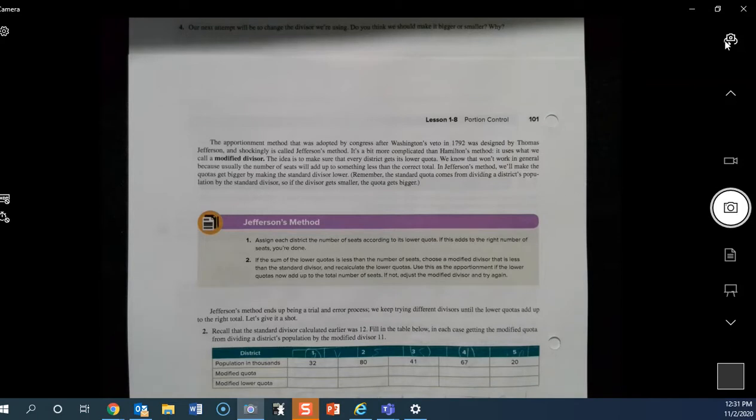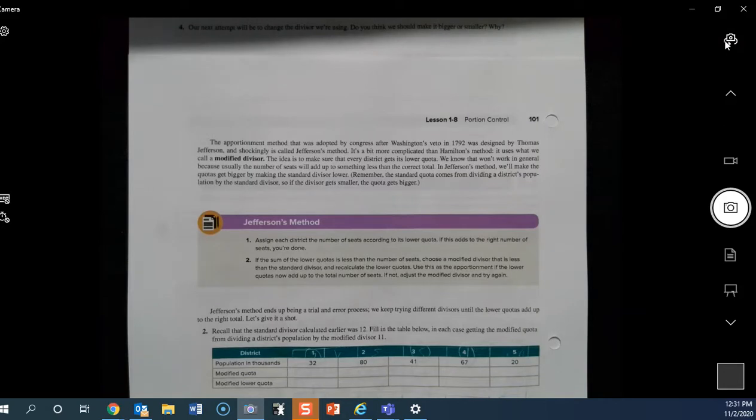Use this as the apportionment if the lower quotas now add up to the total number of seats. If not, adjust the modified divisor and try again. Okay, Jefferson's method ends up being a trial and error process. We keep trying different divisors until the lower quotas add up to the right total. Let's give it a shot.